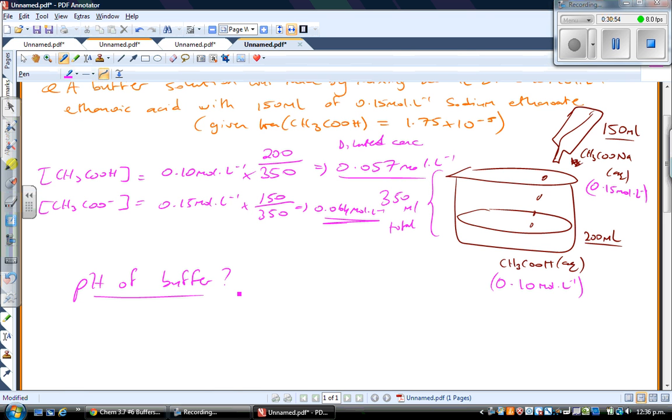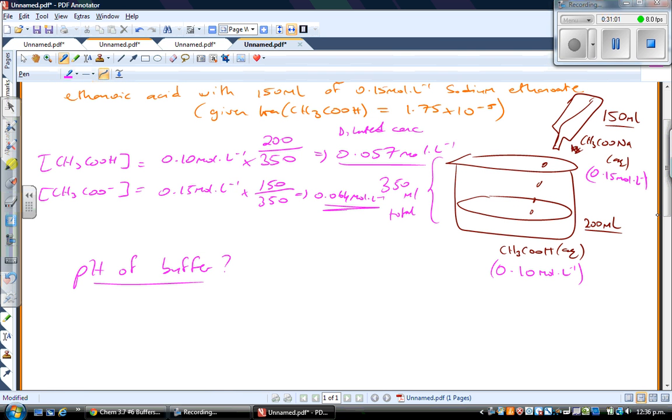We can use either of two ways. We can use the Henderson-Hasselbalch approach. I'm just going to use the Ka expression this time just to show the equations of what's happening. So in this situation, we're given the Ka value for the dissociation of ethanoic acid. So that is the equation that we need to write. We've written this many times now at this stage.